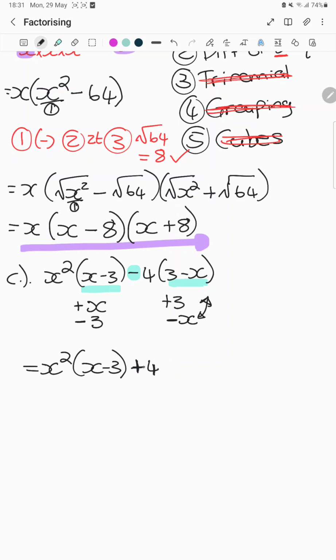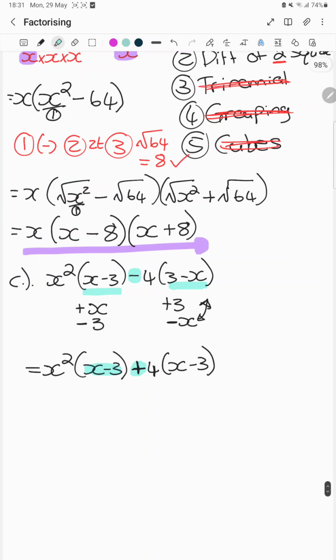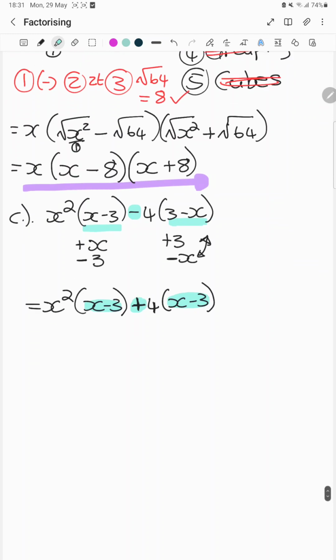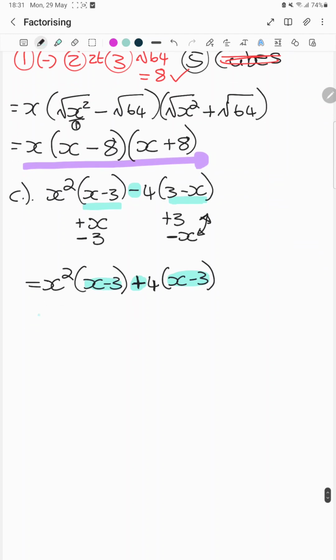And because I changed my sign, I can flip it around, giving me x minus 3. Okay, and now I see, but wait, this bracket and this bracket are exactly the same. So I'm going to take it out as a common bracket, and I'm going to make my second bracket for what is left. So if I remove this bracket and I remove that bracket, I'm left with an x squared plus 4.